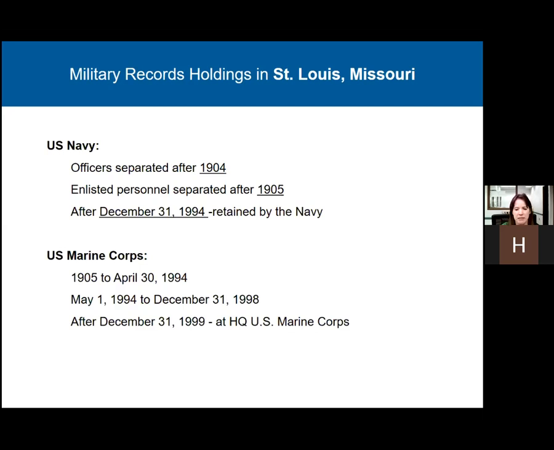So there's a bit of a separation there. But after December 31st, 1999, the records are housed at the headquarters of the U.S. Marine Corps. So that might also give you some ideas of what timeframes you're looking at and where you might need to go for those records.